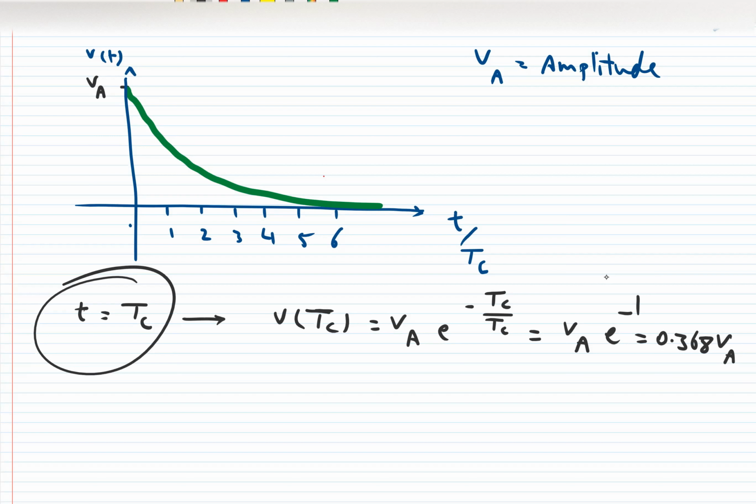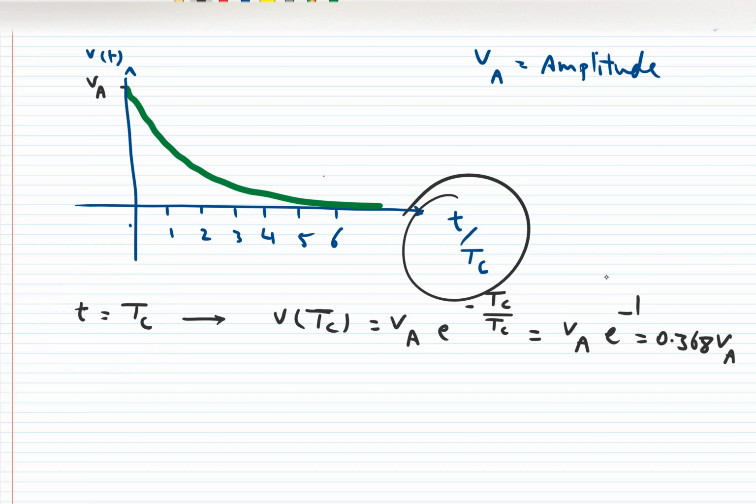And if we show this decay and this new value on the graph, as we discussed, t is equal to Tc, so t over Tc is equal to 1. So in the horizontal axis, we will have 1.